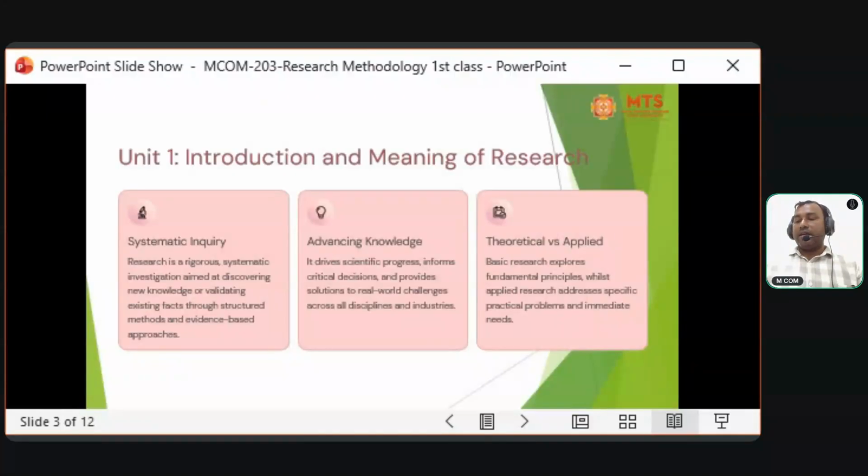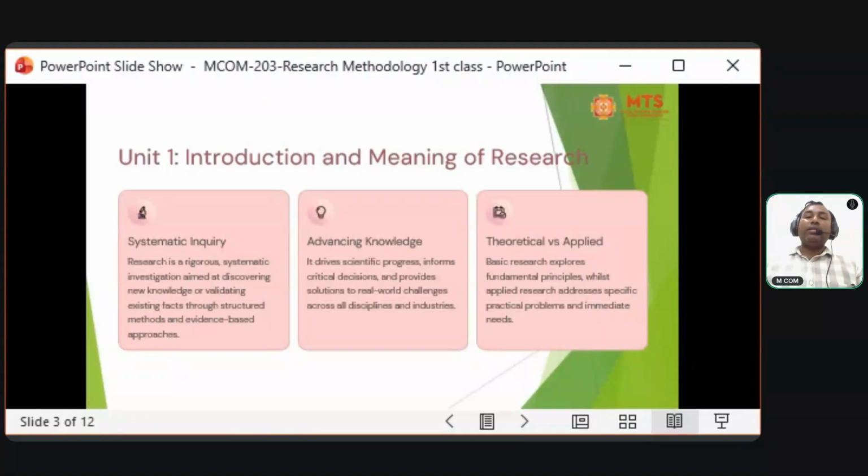According to C.R. Kothari, research methodology is the systematic way of solving a research problem. It includes research design, sampling methods, data collection techniques, data analysis methods, and interpretation of results. So this is research and research methodology.